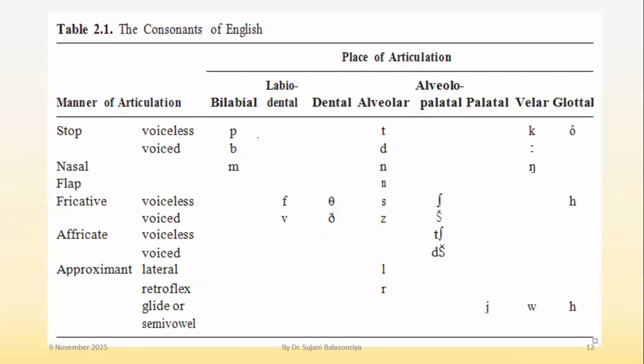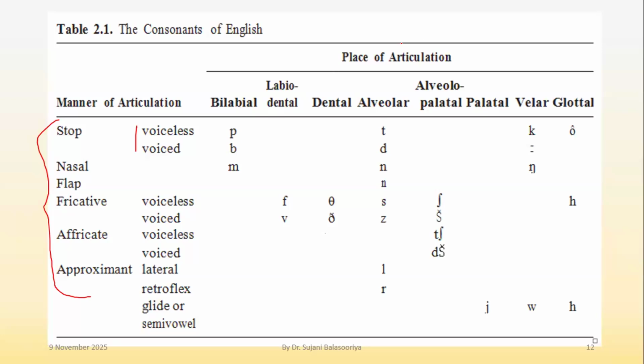This is a chart that contains all this information. You can have a look at it. Actually, this chart contains the consonant sounds in their phonetic symbols. You have manner of articulation here in this column, the main manners of articulation, and then whether they are voiced or voiceless, you have it here, and place of articulation.